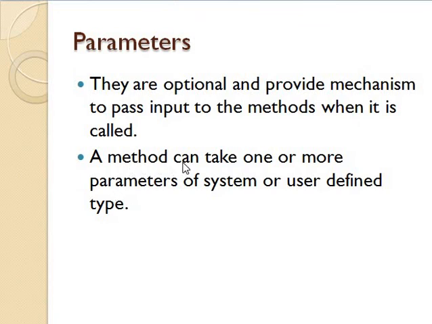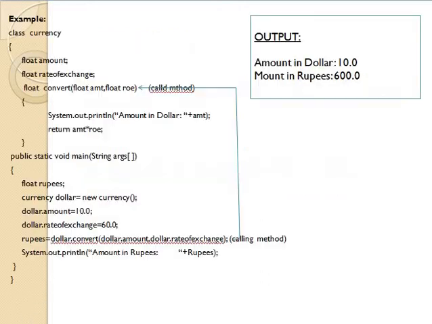Come to the next point. A method can take one or more parameters of system or user defined type. Now considering this method called convert, it may take one parameter as well as more than one parameter.